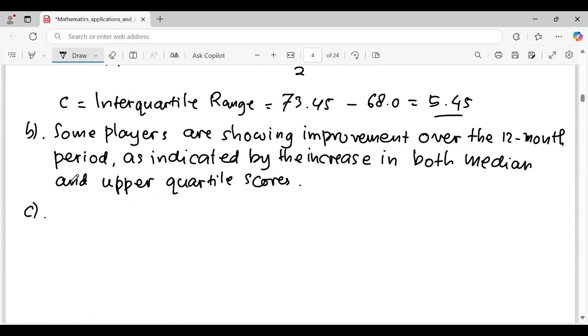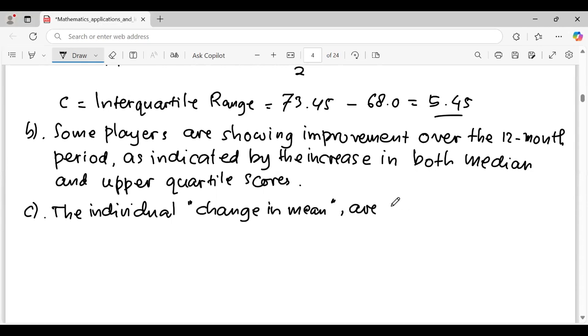So C, the individual changes in mean are independent of one another. It means there is no correspondence.